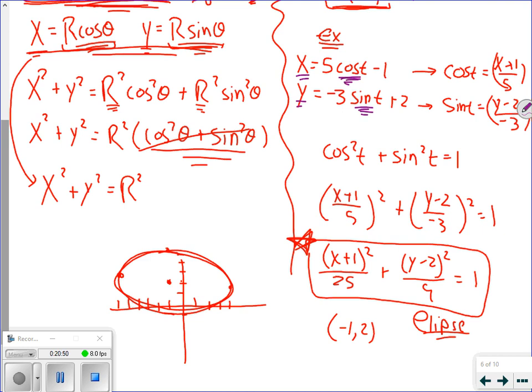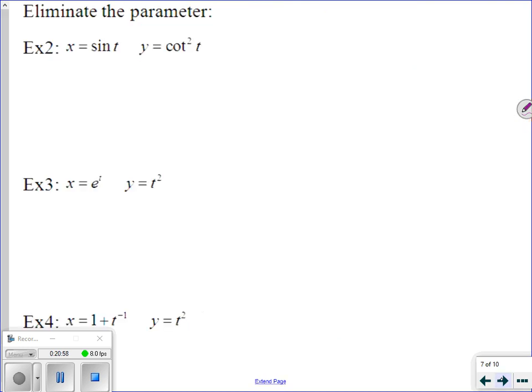But if cosine and sine are just by themselves, that'll be like a circle. All right, we'll do plenty more examples with that. In fact, let's do an example with example 2. You'll see kind of what I'm talking about.